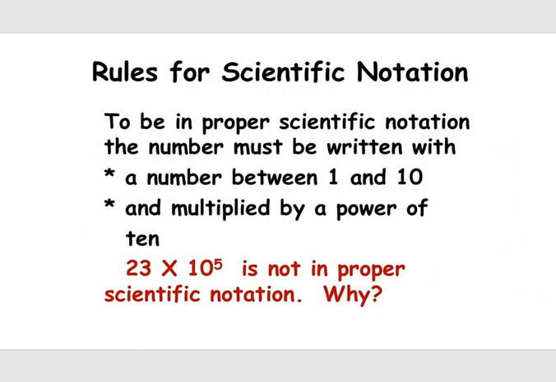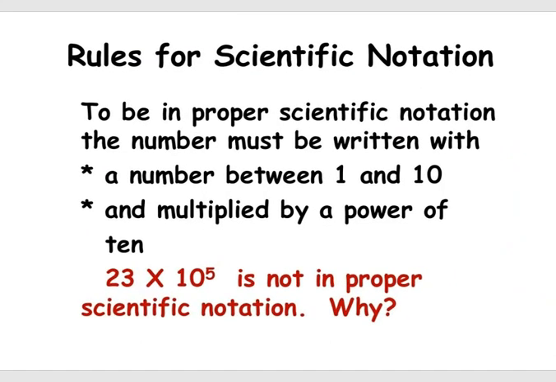Rules for scientific notation, or simply the standard form. To be in a proper scientific notation or standard form, the number must be written with a number between 1 and 10, first point, and second, multiplied by a power of 10.